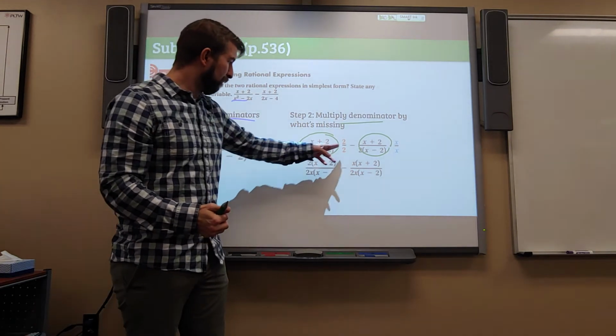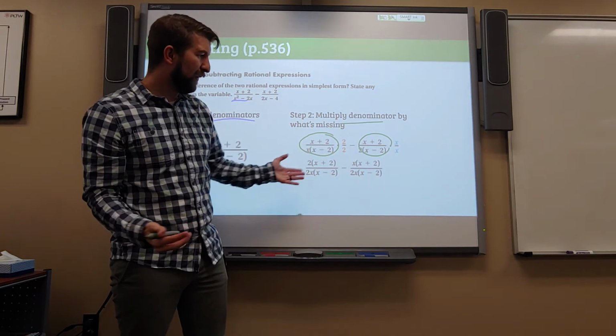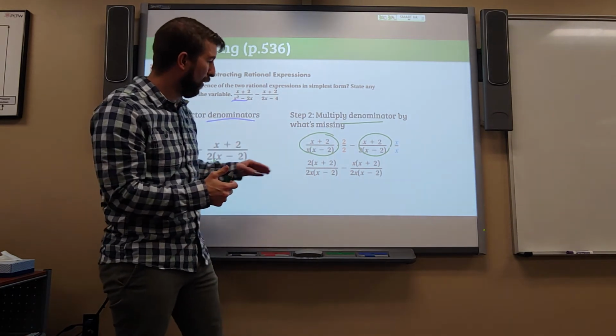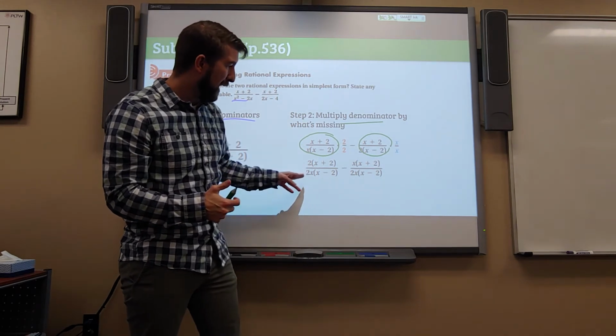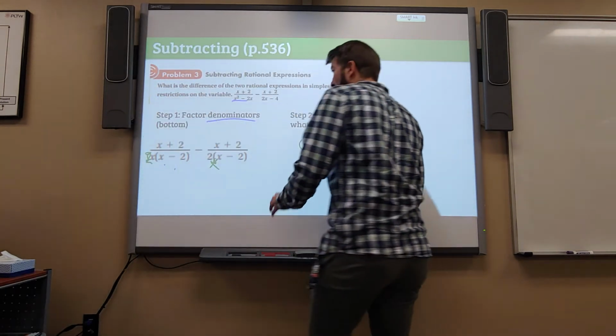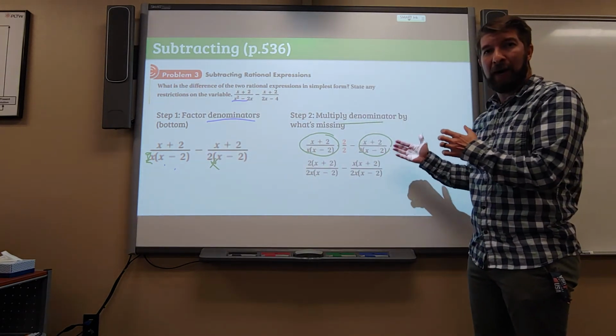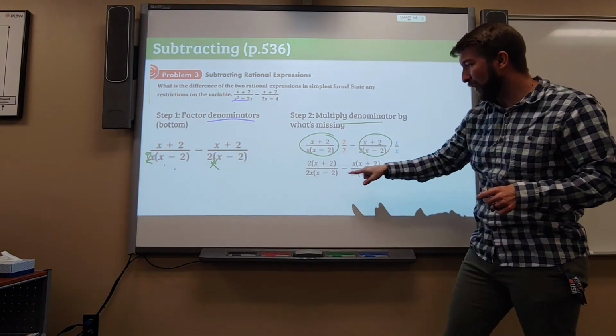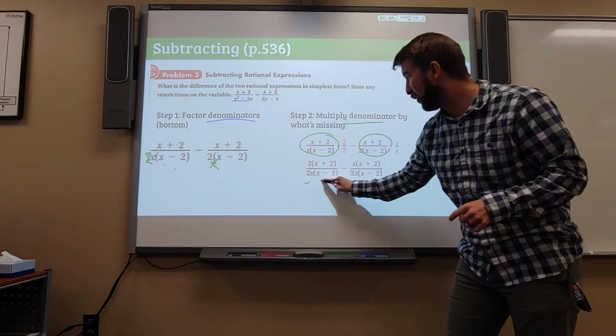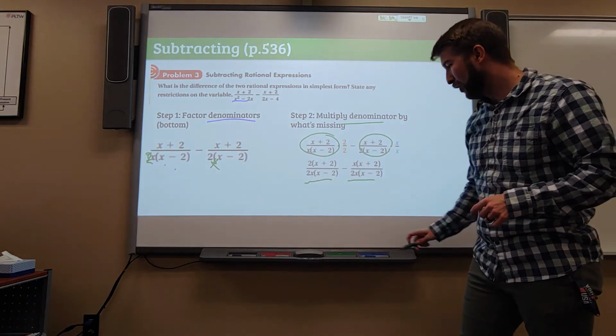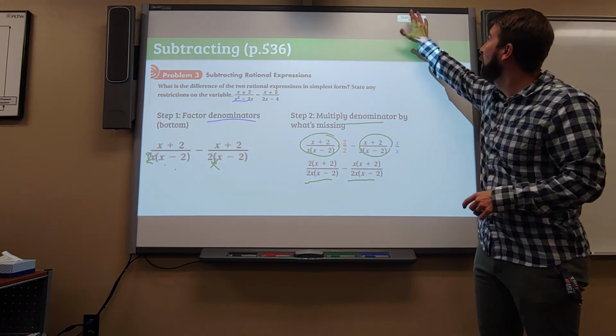And so when they put these on here, they just kind of keep it in factored form and they're left with this. So same steps, you factor the denominators, you multiply by whatever's missing in the denominators so that the denominators match. Notice 2x, x minus 2, 2x times x minus 2.